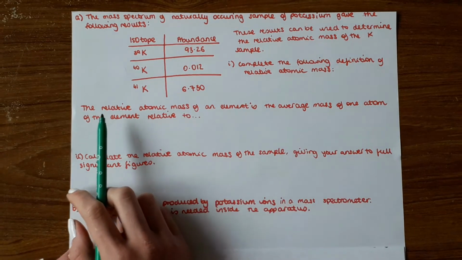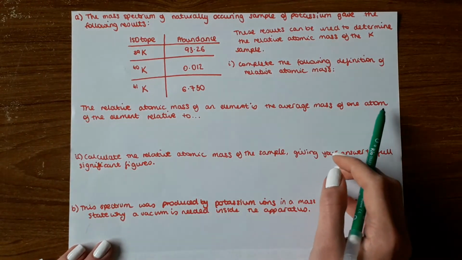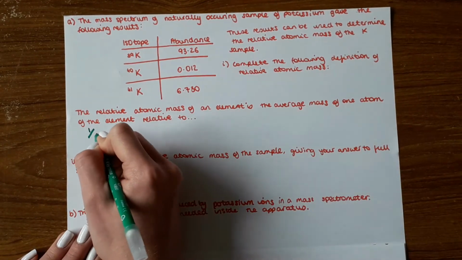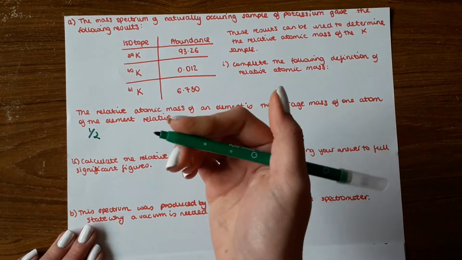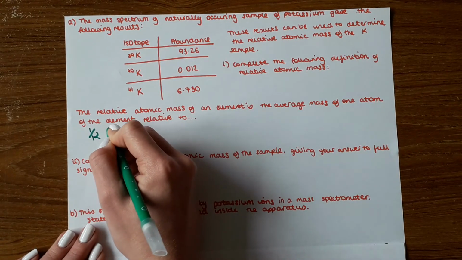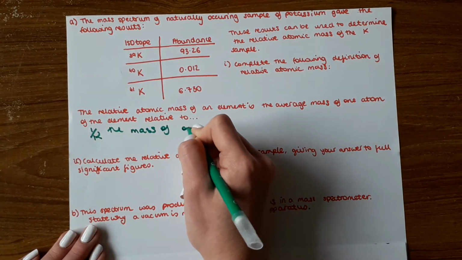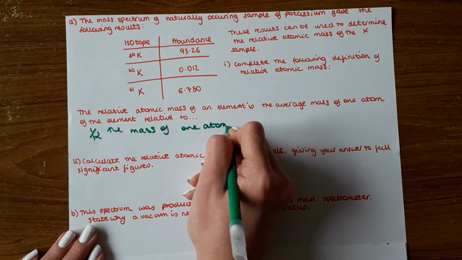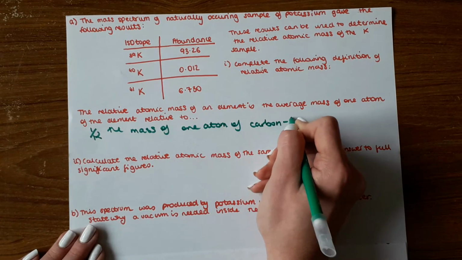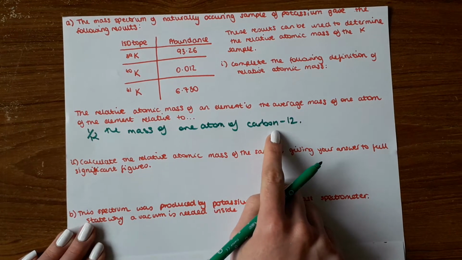The relative atomic mass of an element is the average mass of one atom of the element relative to 1/12 the mass of one atom of carbon 12.